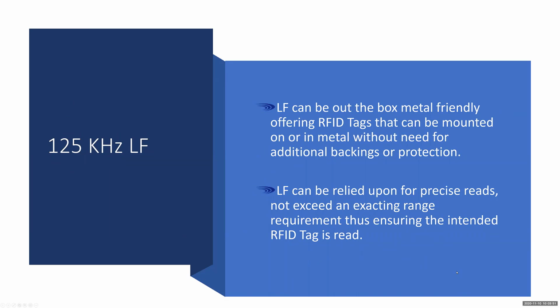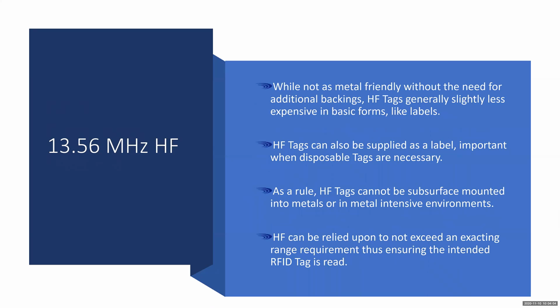Low frequency is typically plug and play, short read distances, very precise reading. You're only reading one tag at a time at a very short read distance. 13.56 megahertz initially allowed for greater storage, but it's not as metal friendly.